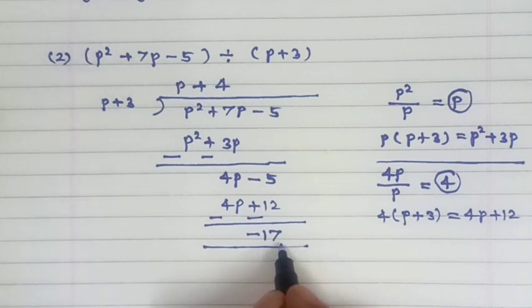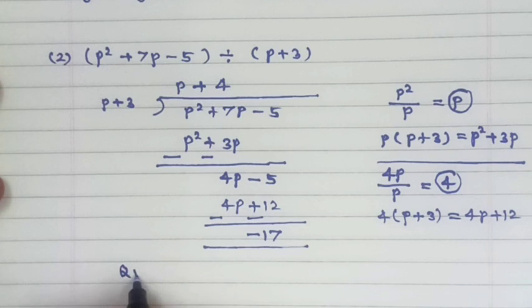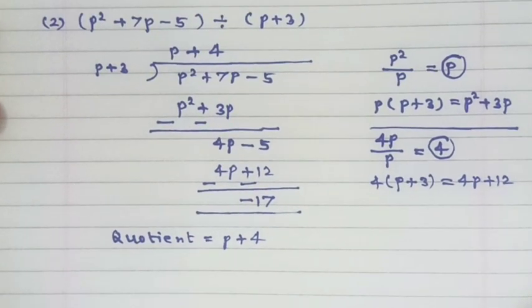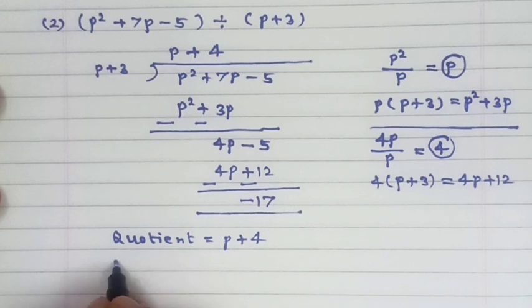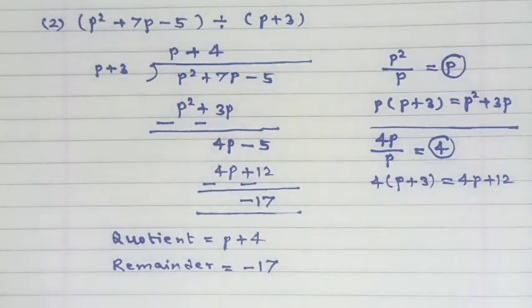Here it is 0, whereas it is 1. Now you will write the quotient. Your quotient is p plus 4, and the remainder is equal to minus 17.